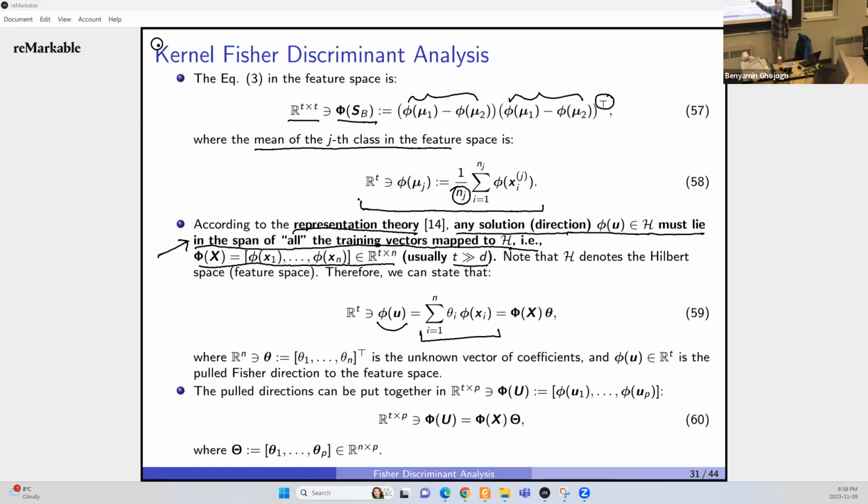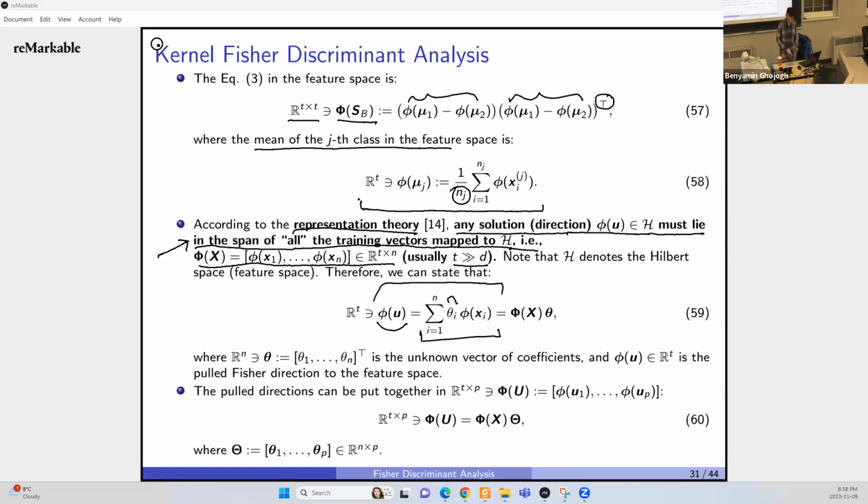This is linear combination, right? And in linear combination, we have some factors, multipliers, theta 1 to theta n. In other words, theta 1 phi x1, plus theta 2 phi x2, plus theta 3 phi x3, etc. Every phi x is a vector. Theta is a magnitude. Right? Did you get it? This simple formula is kernelization by representation theory, and we'll see how it kernelizes the algorithm.